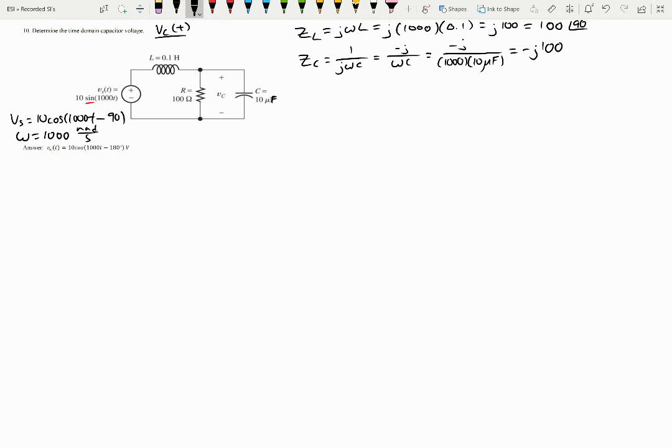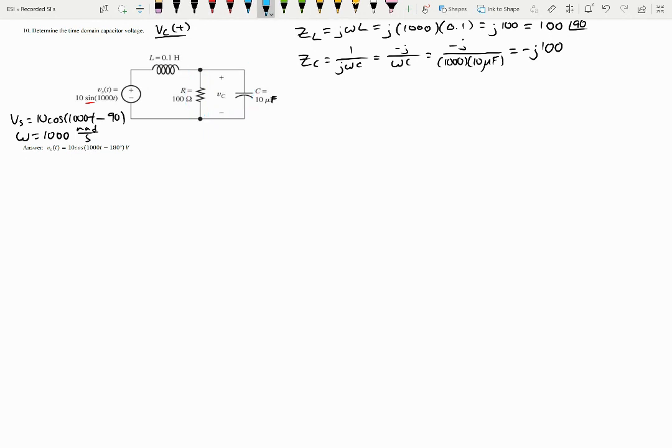Now, if we want to find what the voltage is across this capacitor, we know that these two branches are going to have the same voltage. We can do a couple things.